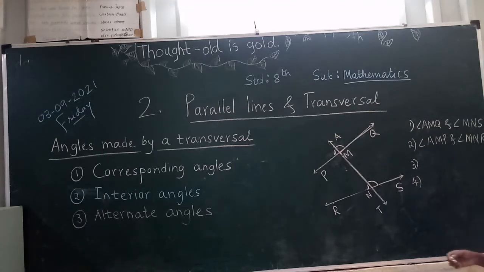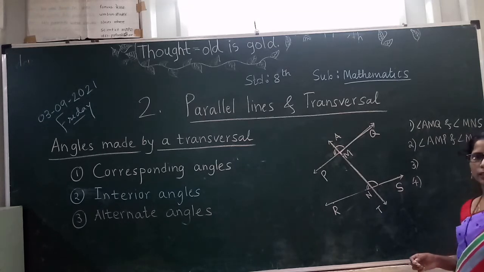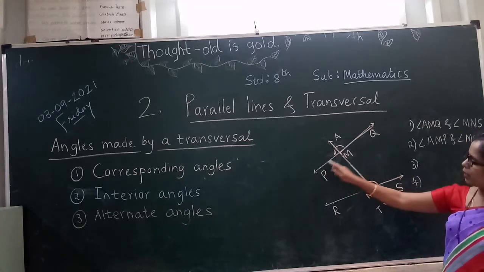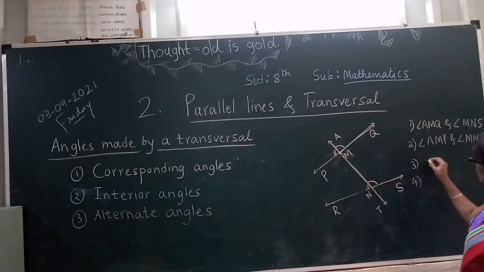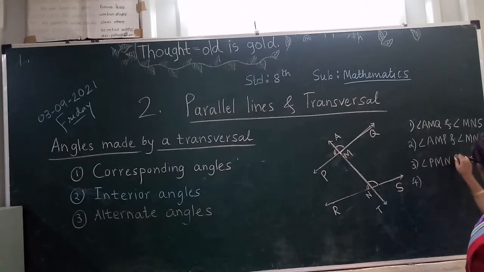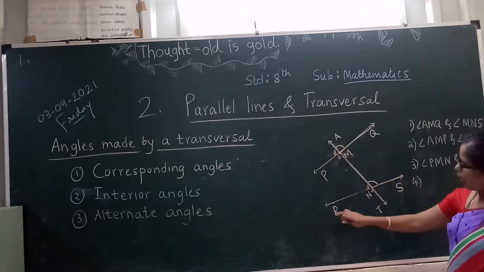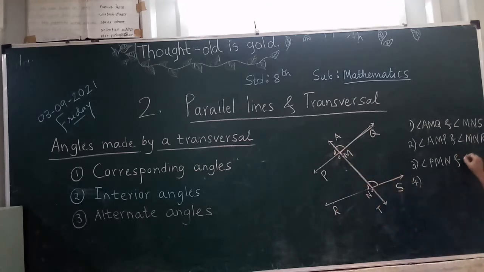Similarly, can you name the next two? Can you tell me more such pairs of corresponding angles? Yes, angle PMN and angle RNT are also corresponding angles.